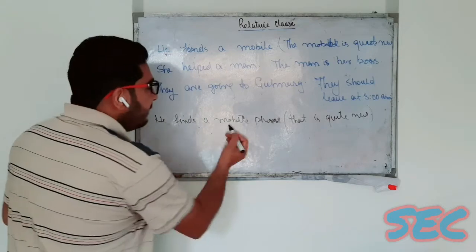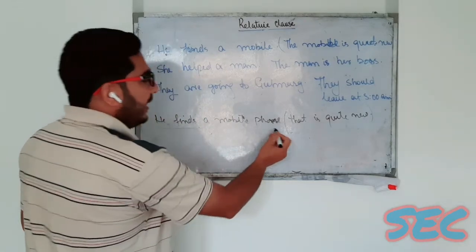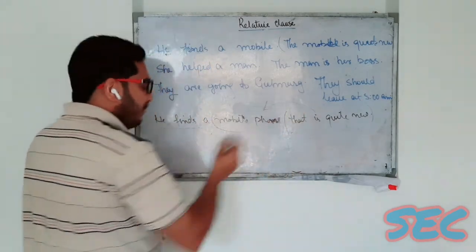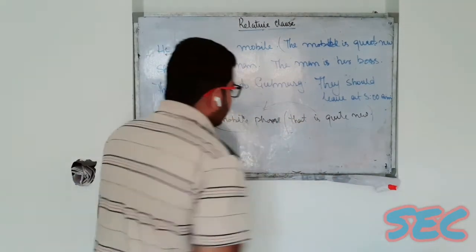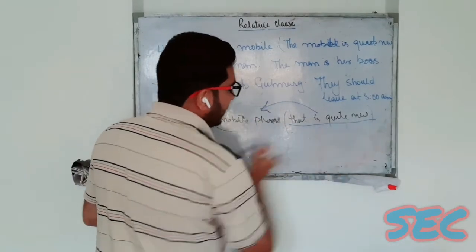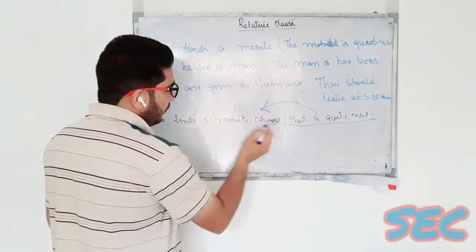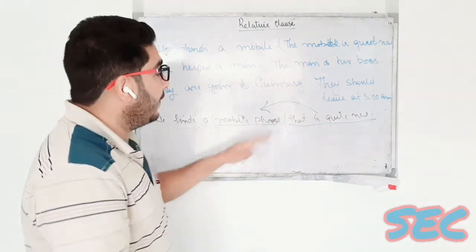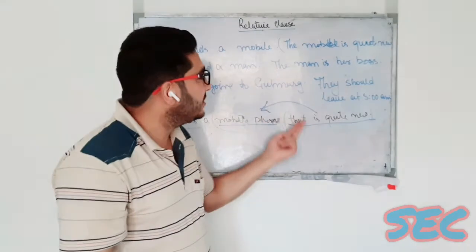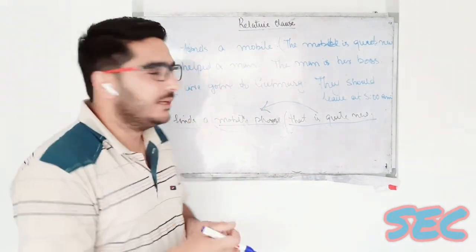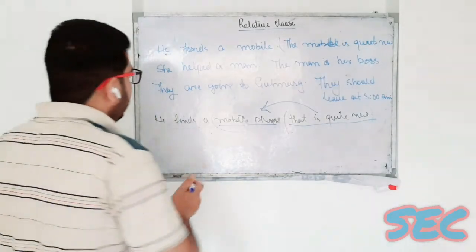For example, he finds a mobile phone. That is quite new. So this clause talks about the mobile phone. So this is more information about the noun. Now you will see how who is used, how which is used, how whose is used. That we'll do in upcoming lectures.